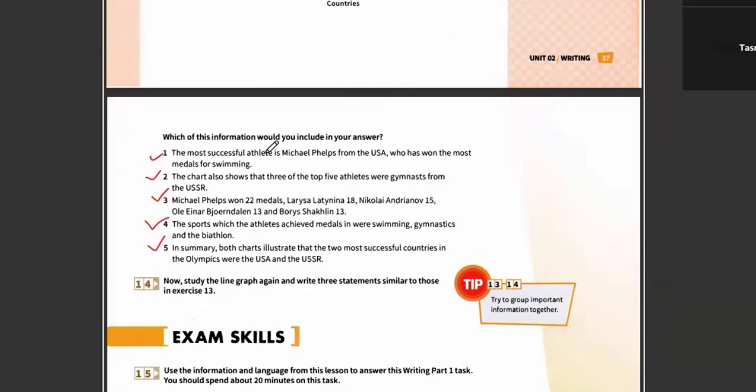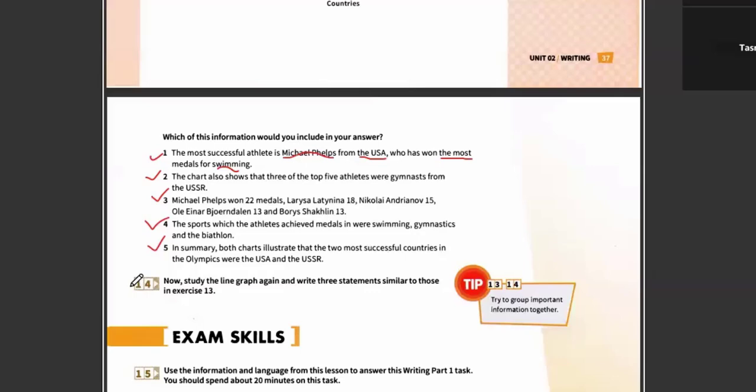Like for number one, the most successful athlete is Michael Phelps, so you're taking the name of the athlete, then the country that he represents, and you're also saying in a comparative form that he got the most medals for the sport. So you're including a lot of information together. That is how you should represent the data given in each diagram.